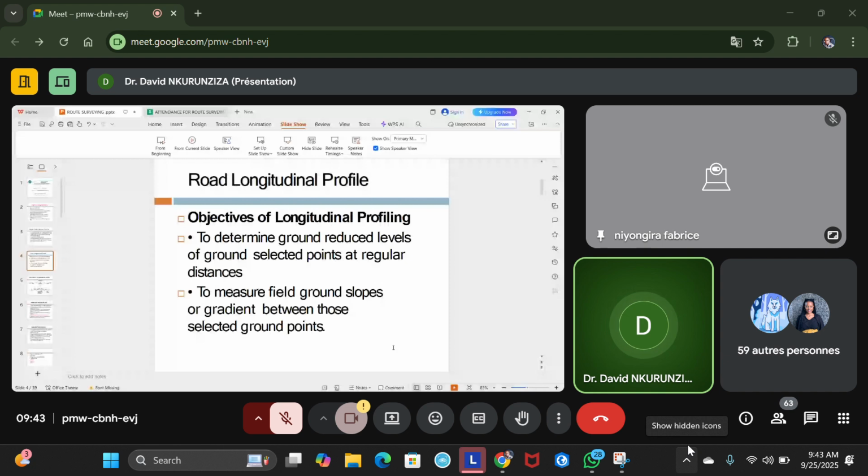Whereas the road cross-sectional profile is defining the elements of the road along the width. It is along the width, whereas this one is along the length.